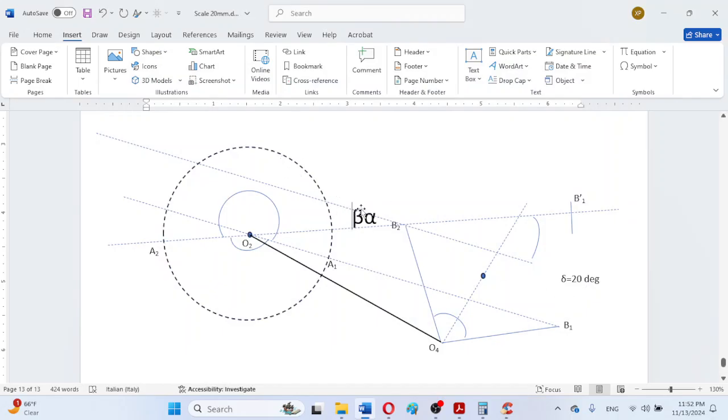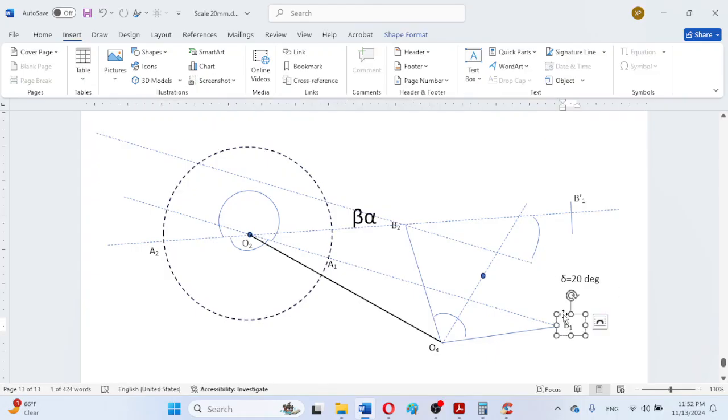Just for example, copy this label and move it here.